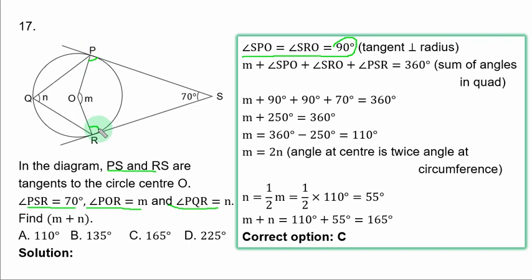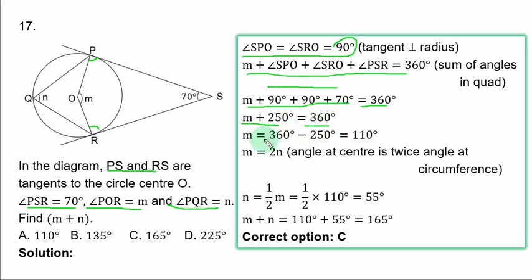If you look at quadrilateral PORS, 4 angles are there and their sum is 360. This is what I'm talking about. So you have M plus 90 plus 90 plus 70 equal to 360. If you add these 3 angles, you have M plus 250 degrees equal to 360 degrees.